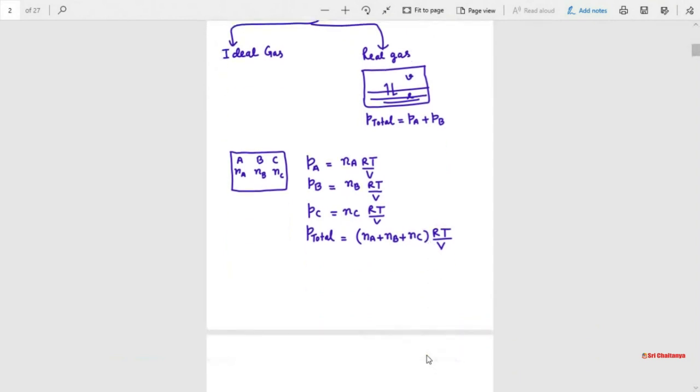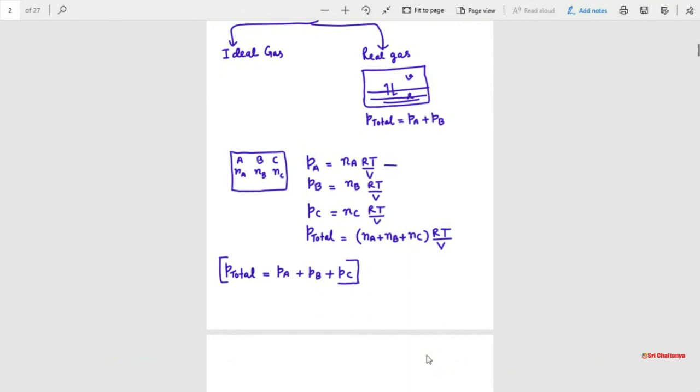So now using these, we can write that P total, the total pressure of this gaseous mixture, is equal to partial pressure of gas A plus partial pressure of gas B plus partial pressure of gas C. This is one form of Dalton's law, that the total pressure of the system is the sum of partial pressures of all the components present in the system.